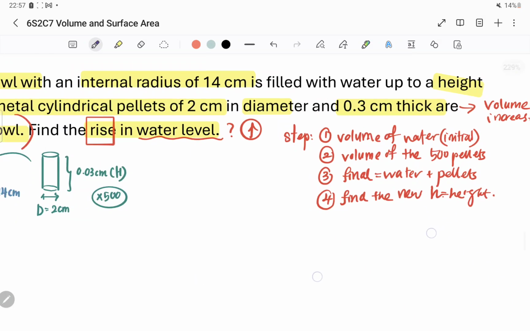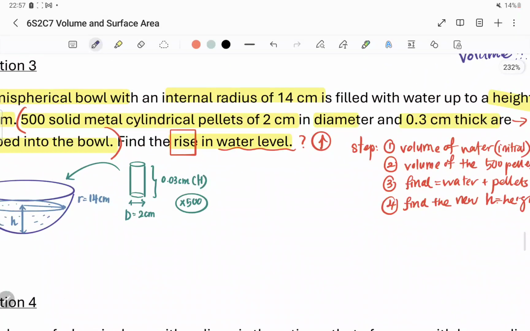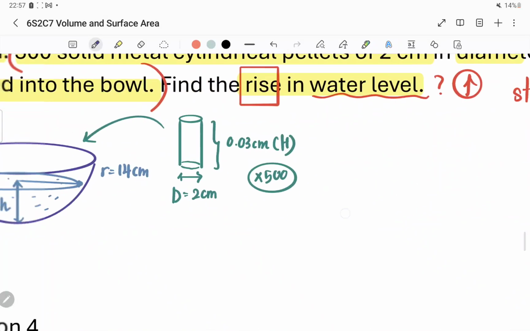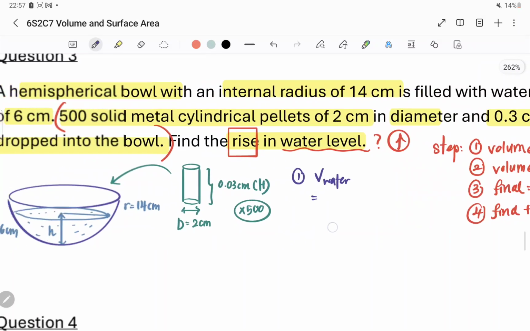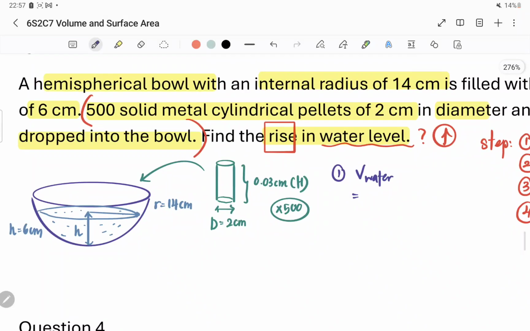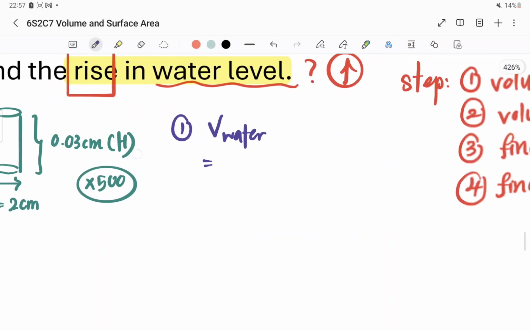We're going to do it one by one. First thing, find the volume of the water initially. Volume of the water equals what? It's a hemisphere, correct or not? But we are looking at the radius. Internal radius is 14 cm.